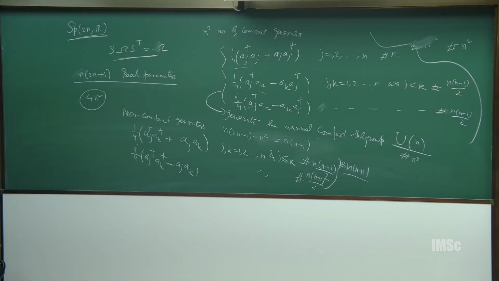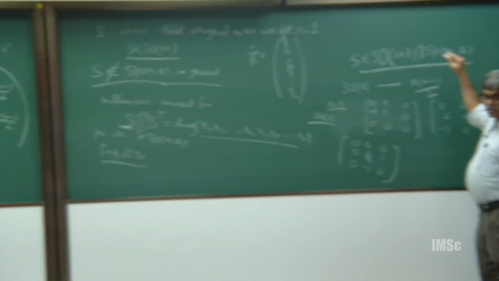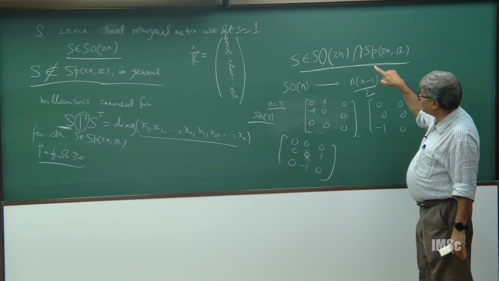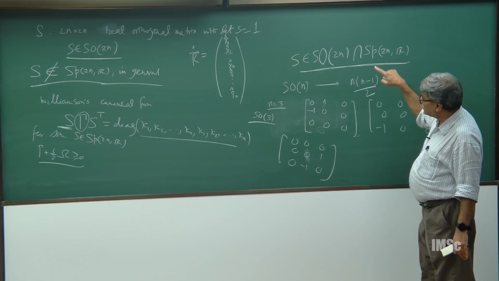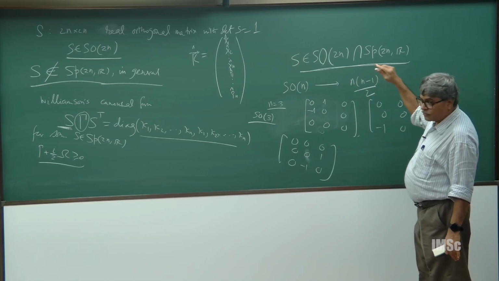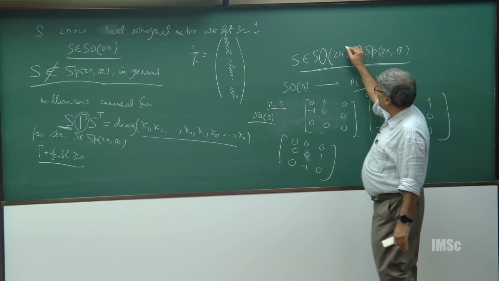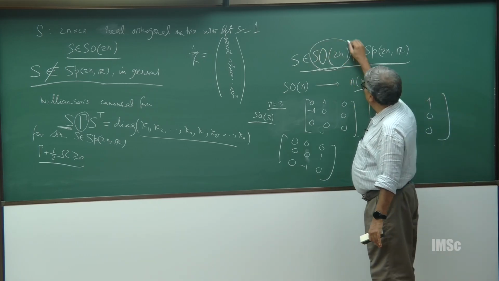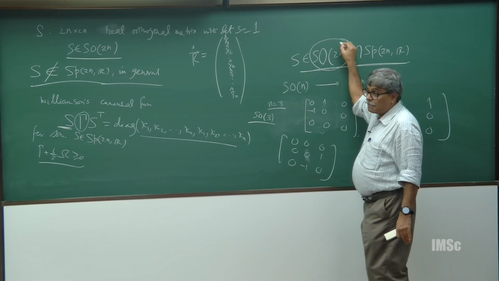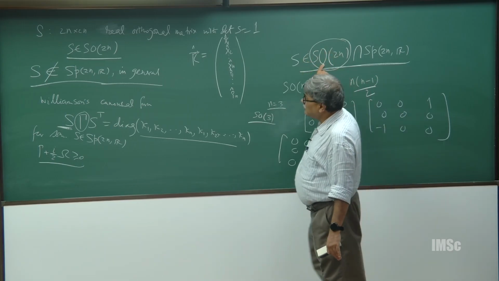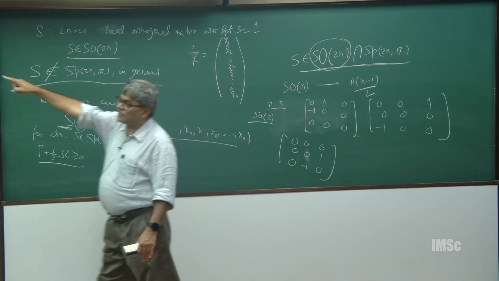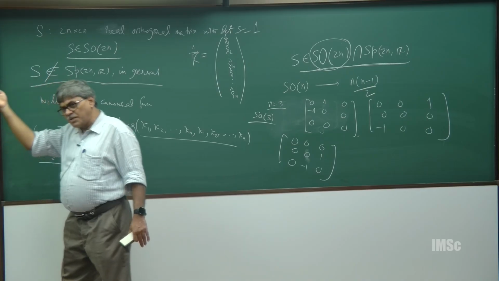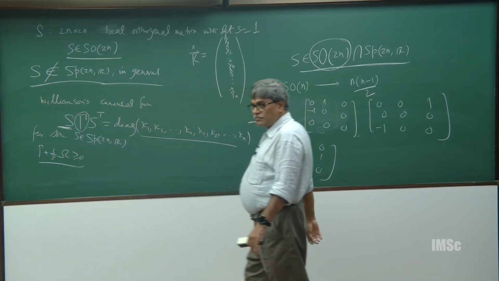So this is actually non-empty. The point is that not an arbitrary element of this will be a symplectic transformation, but an element generated by some of these generators will automatically be an element of this.